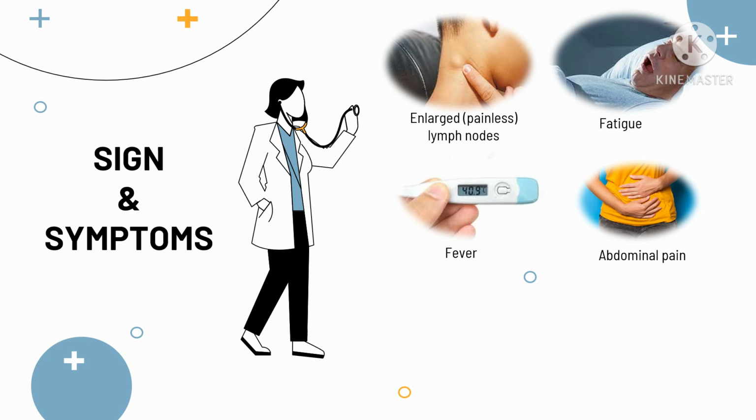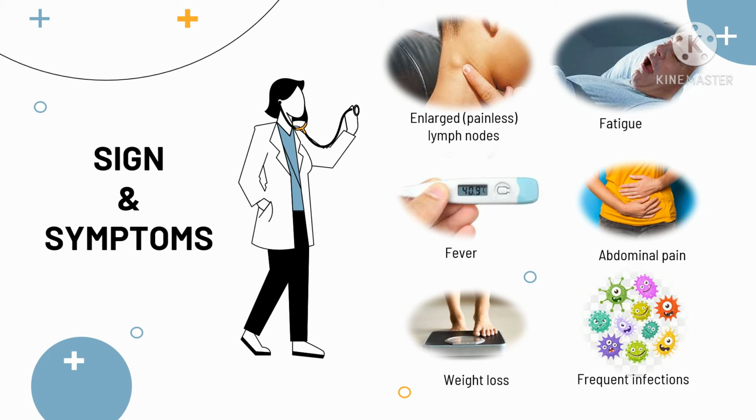Abdominal pain caused by an enlarged spleen or lymph nodes, or development of CLL on the lining of the stomach or intestine. Weight loss. Frequent infection: there are fewer healthy lymphocytes than abnormal lymphocytes, which are also weak at fighting infection.